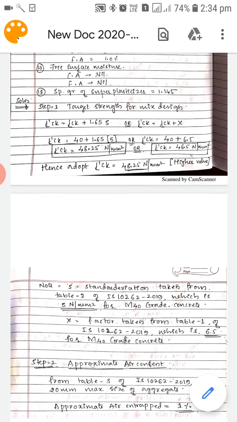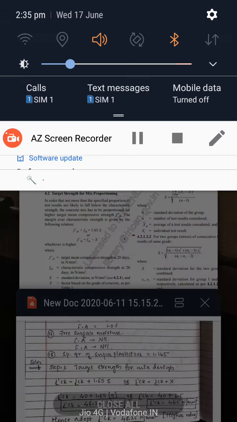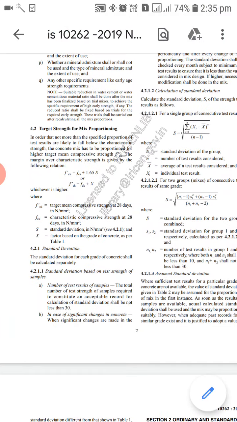To calculate target strength for mix design, f dash ck is equal to fck plus 1.65 into standard deviation, or f dash ck is equal to fck plus X, that is a constant. So two formulas have been given in the code book, you can check here. Here they have given both the formulas.